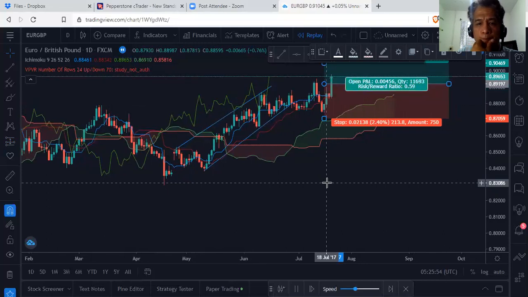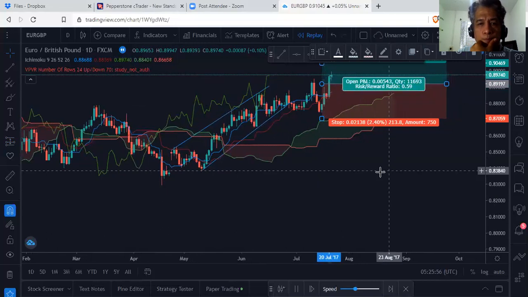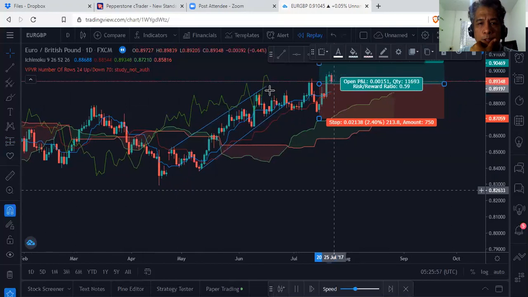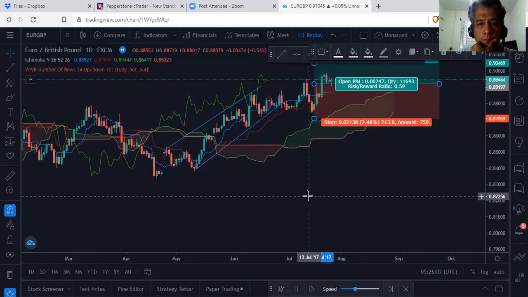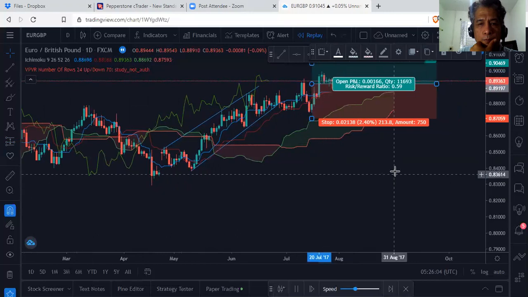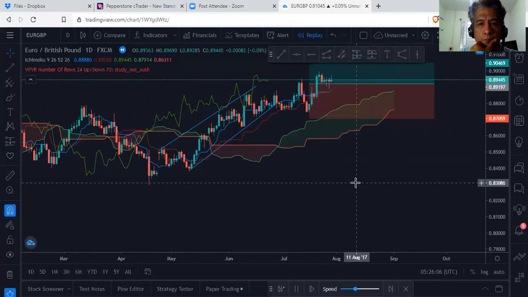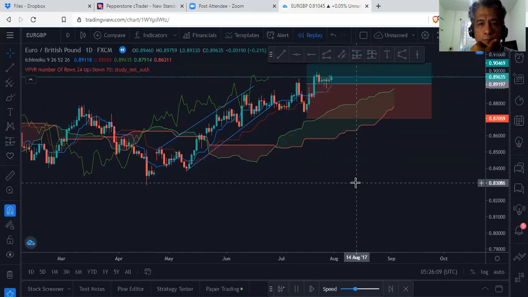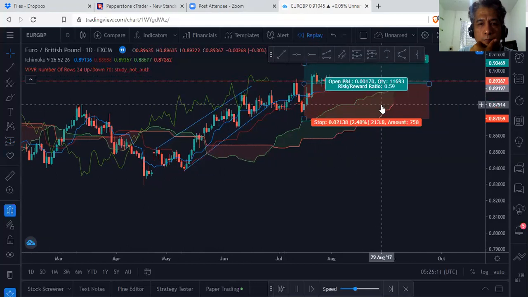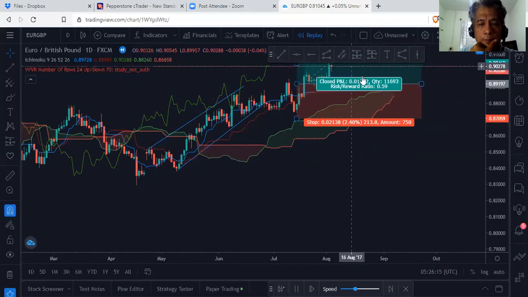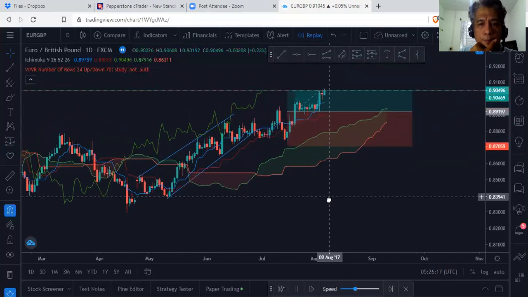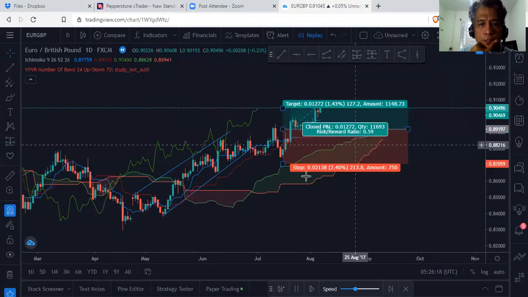Floating. Chikou is still above. Stop loss here. Chikou is above. So I'm gaining.